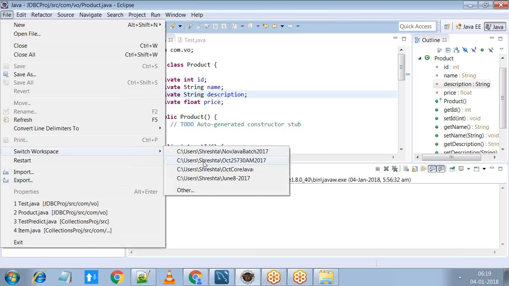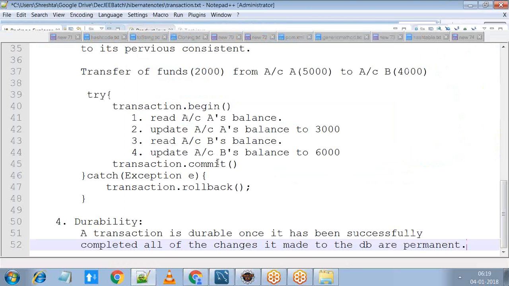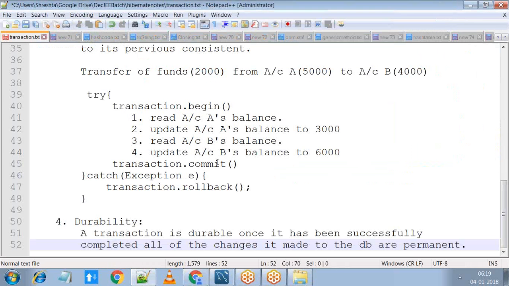So once we commit the transaction, whatever changes are done in the transaction will be made permanent.